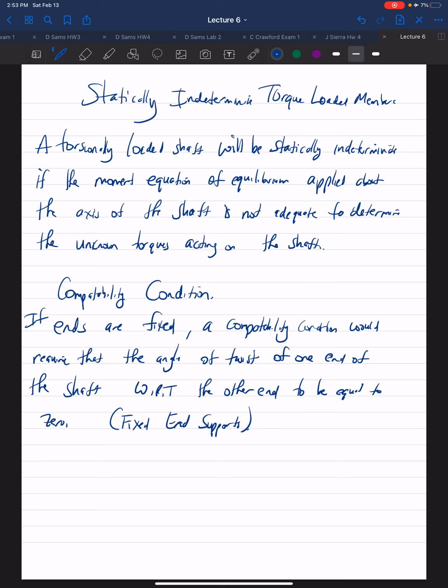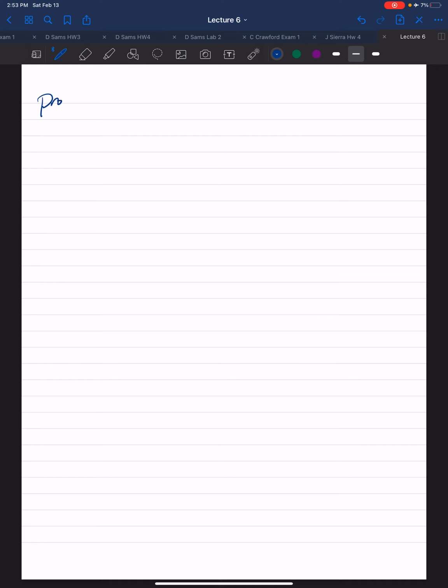So let's take a look at the problem. Let's look at problem 10-64 on page 492. So we have a steel shaft made of two segments.